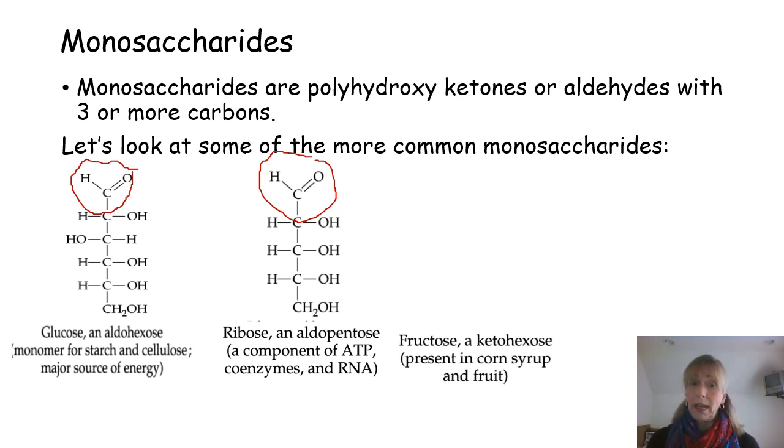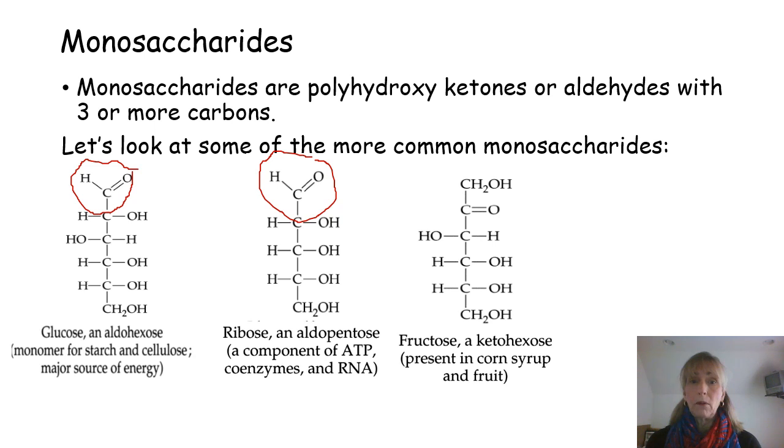And then we have fructose. Fructose is a ketose, so its structure is going to look different. It's not going to have an aldehyde. It's going to have a ketone. Fructose is present in corn syrup and fruit. So notice the difference. We don't have that aldehyde at the very top of the structure.